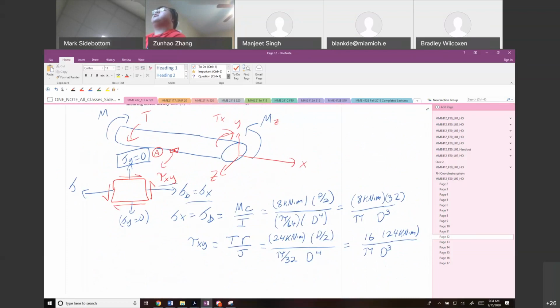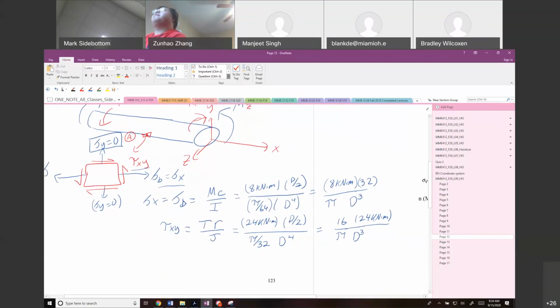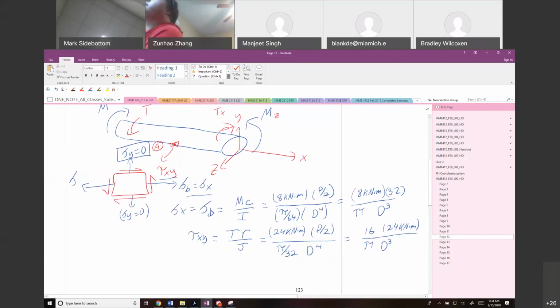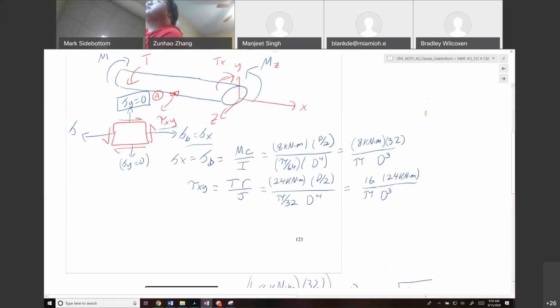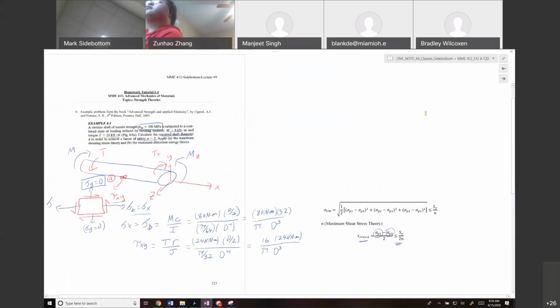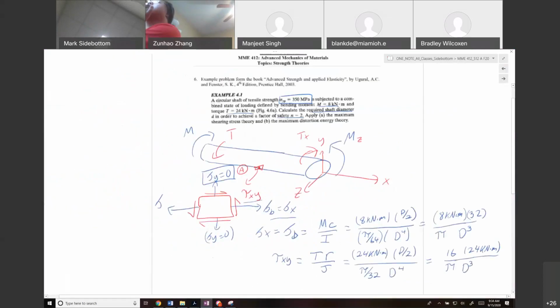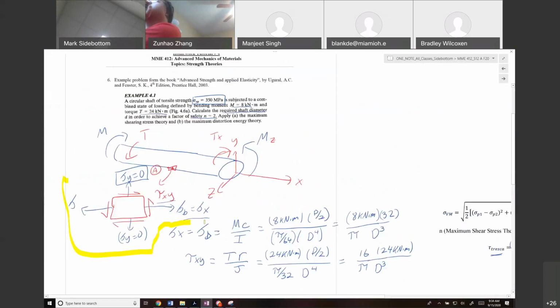You would still have to define your state of stress for these types of problems. So you'd have to define your given state of stress, meaning what your sigma x, your sigma y, and your tau xy would be.